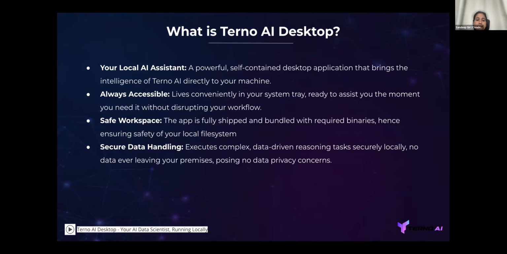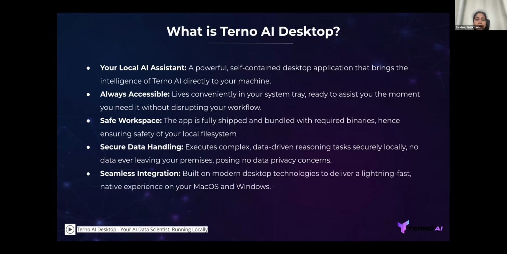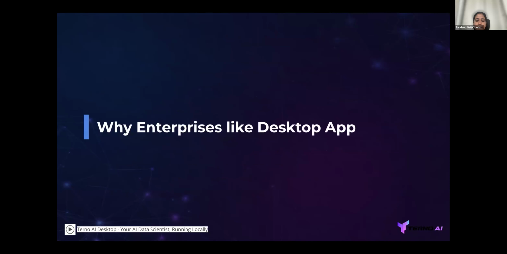The data will never leave the premises, basically. So there are no data privacy concerns as well, which is the utmost concern of enterprises generally. And also it has a seamless integration because it is built on modern desktop technologies to deliver a very seamless and native experience for both Mac and Windows.